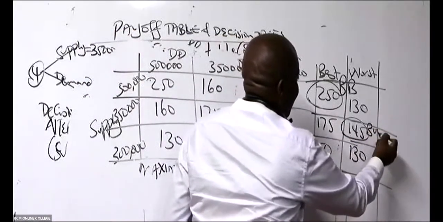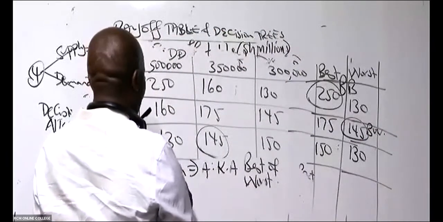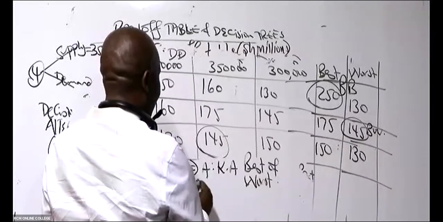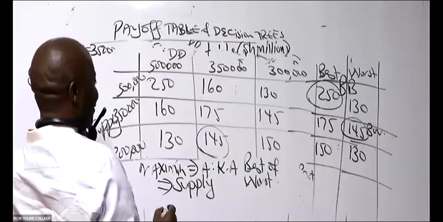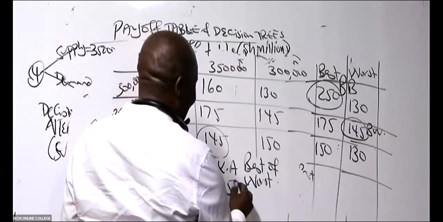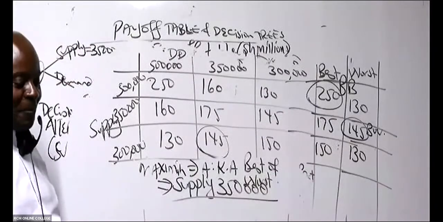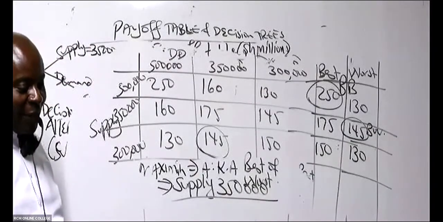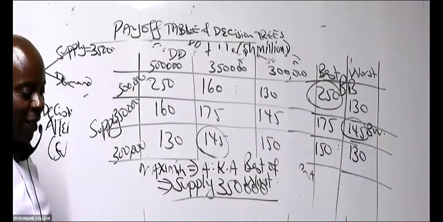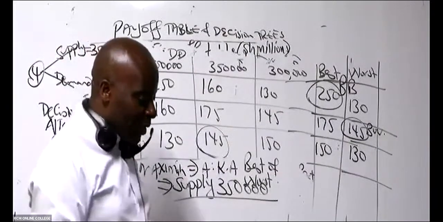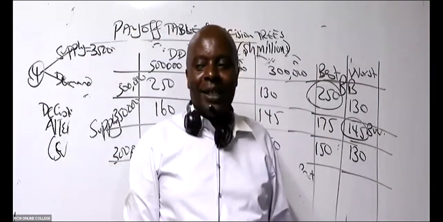And therefore, if it's max mini, in this case here, supply how many units? 350. Supply 350,000. So I'm so sure the students who are here, had you done this question this way, we would be talking of a different story, but such is life.